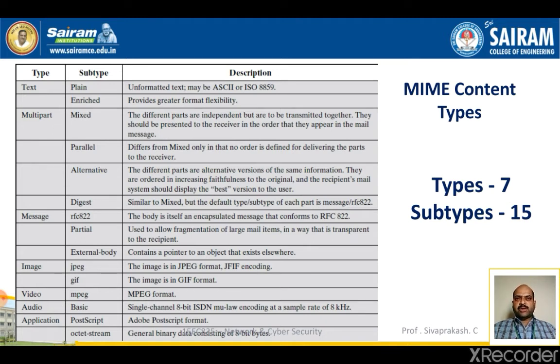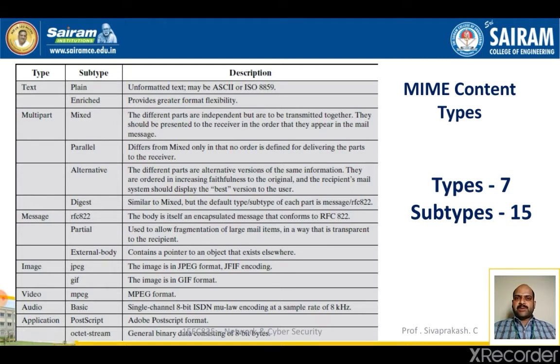Each boundary starts on a new line and consists of two hyphens followed by the boundary value. The final boundary, which indicates the end of the last part, also has a suffix of two hyphens. Within each part, there may be an optional ordinary MIME header. Let me show an example of this multipart later after this slide.